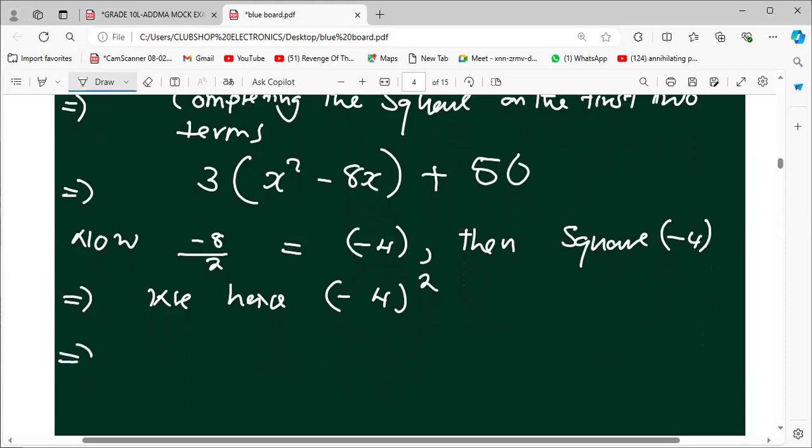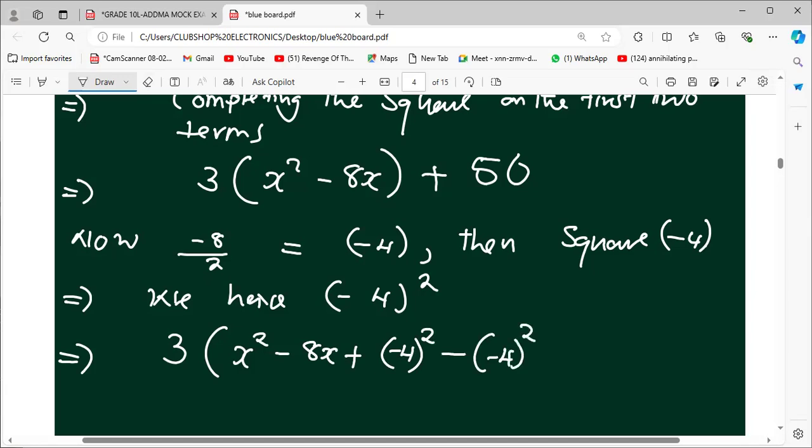So this implies that we are supposed to have 3, open bracket, x squared minus 8x plus negative 4 squared, minus negative 4 squared, plus 15.